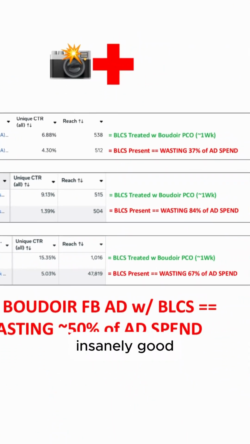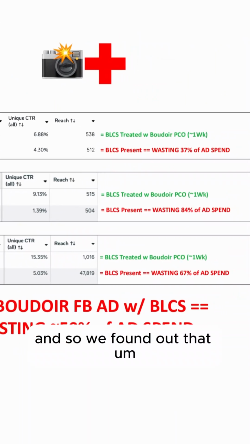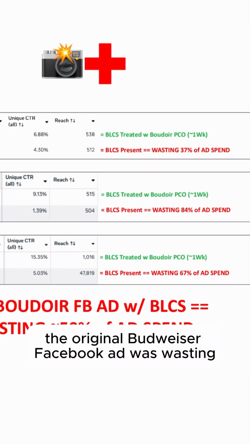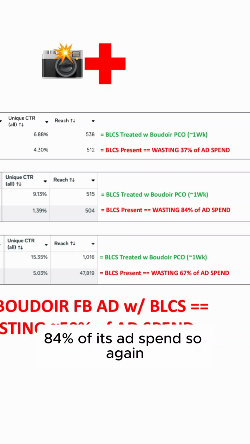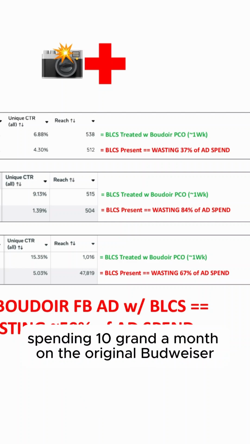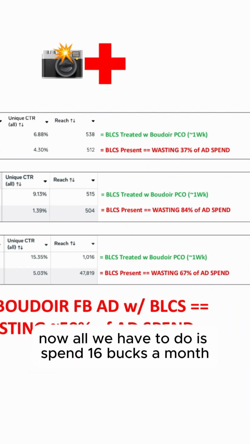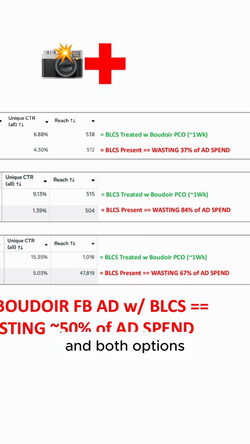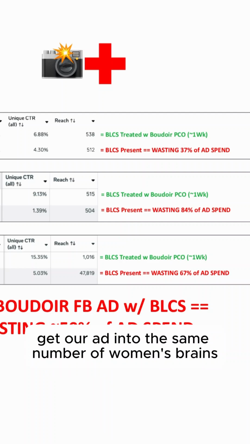Insanely good. And so we found out that the original boudoir Facebook ad was wasting 84% of its ad spend. So again, if they're spending 10 grand a month on the original boudoir Facebook ad, now all we have to do is spend 1,600 bucks a month on the boudoir pico treated ad, and both options get our ad into the same number of women's brains.